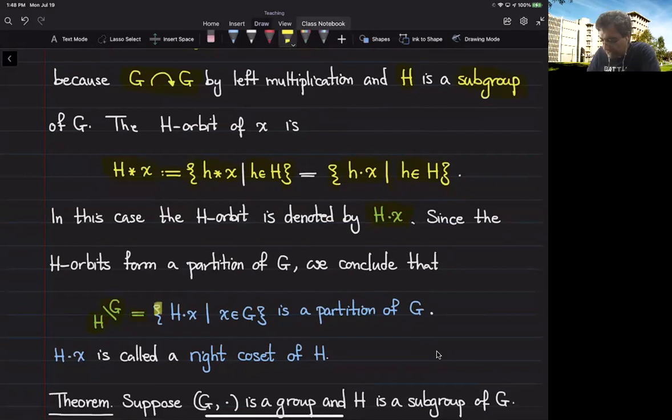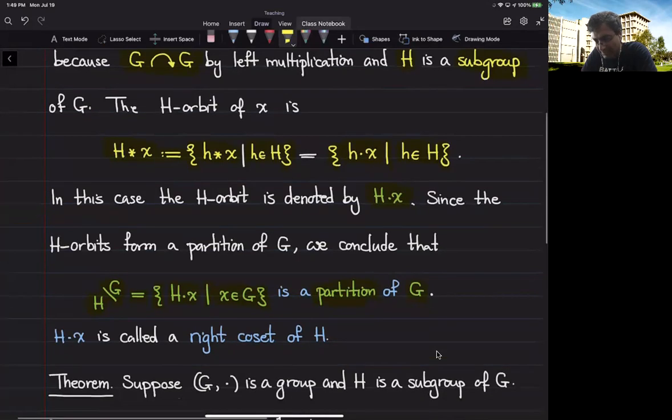And this set consists of all these H orbits, and this is going to be a partition of the group G, because in general, orbits form a partition of the set that we are acting on.